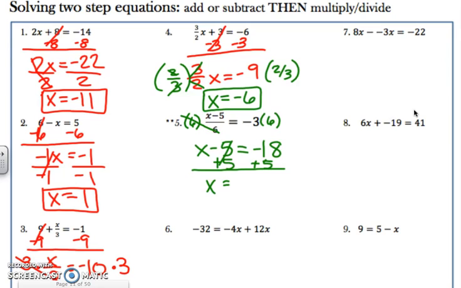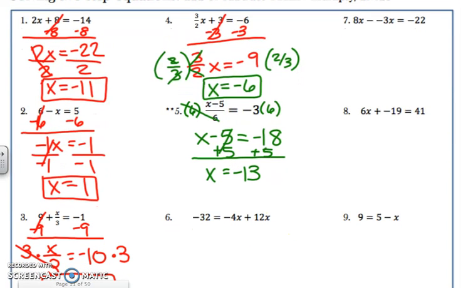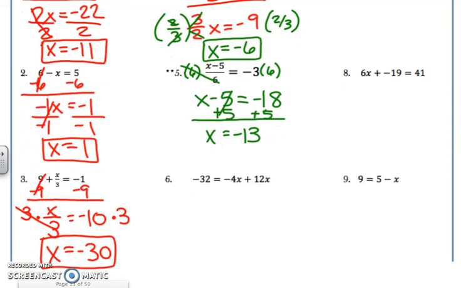X is going to equal a negative 13. So since those two signs were different, I'm going to subtract them and keep that negative sign because the 18 was a larger number. All right, they only get easier from here.